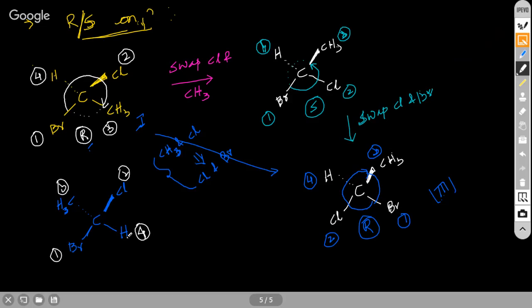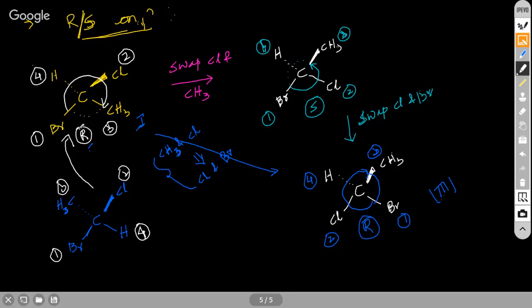That's the condition we have to satisfy. The least priority must be into the plane, right? So we swap this H and the group which is present into the plane of the paper, that is CH3 in this case. When H and CH3 we swap, we'll get this molecule, which is R, correct? First we swap this and find out the configuration.